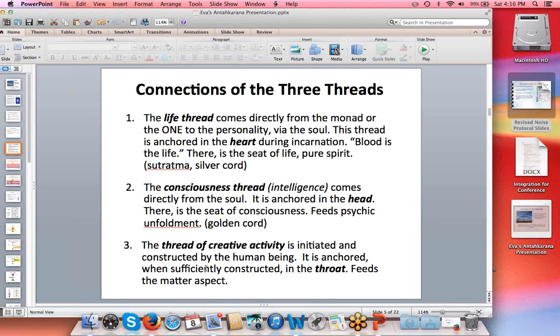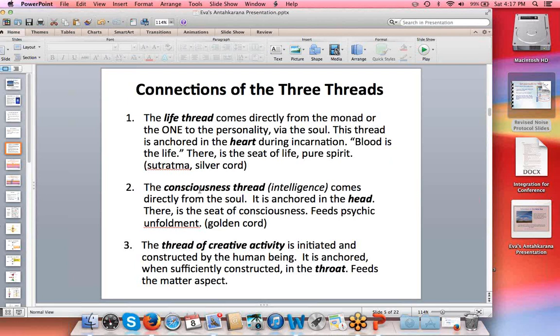The mental vehicle works through the throat center. So by the time the throat center is fairly active and really functioning, one can create, one can write, draw, be creative on the physical plane. And so this thread feeds the matter aspect. So we have the matter aspect, which is the personality.